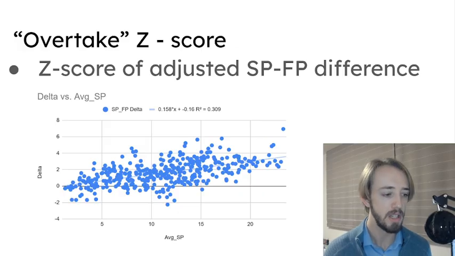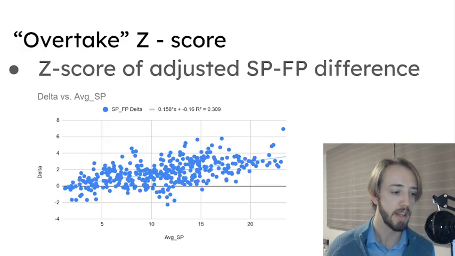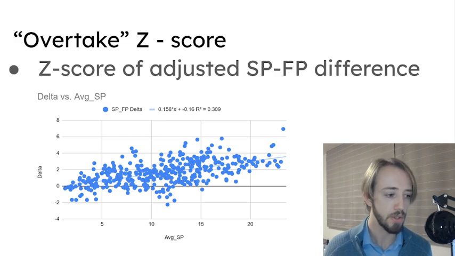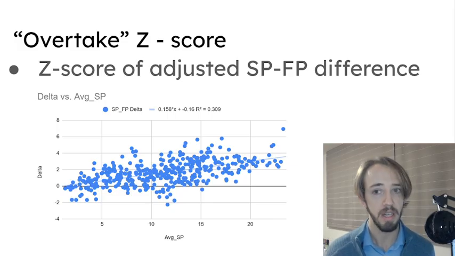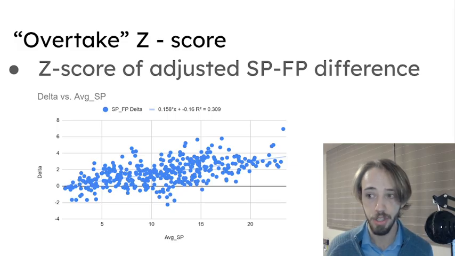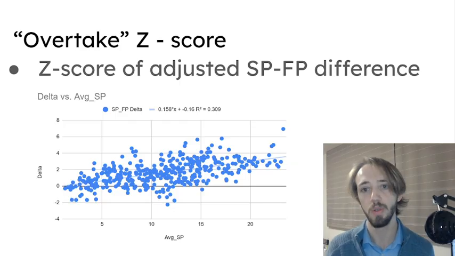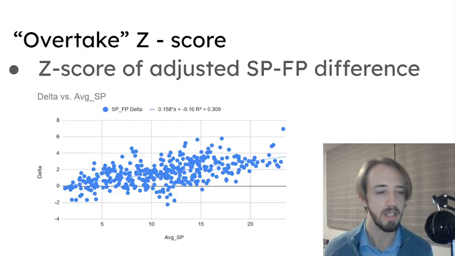But you can see that when the average starting position is quite high, so drivers lower down the grid, the delta is almost always going to be above 2, above 3. That is because every race, especially in the past, you're going to lose drivers to mechanical issues. You're going to have crashes, and so even if you have a really reliable car, even if you're very, very slow, you can start 20th in a race and move up to 16th, 17th pretty consistently.